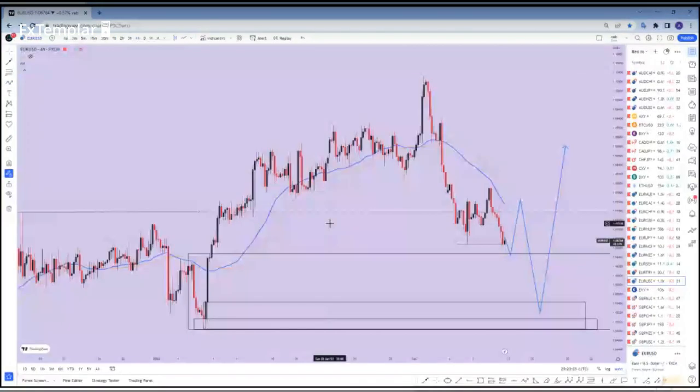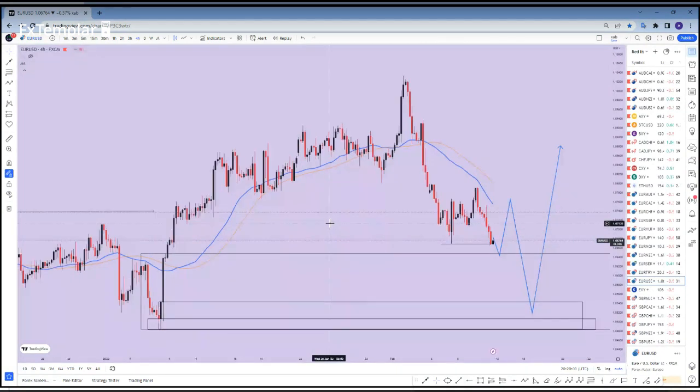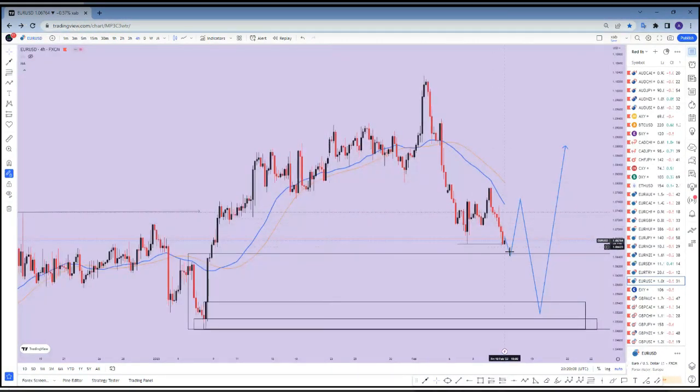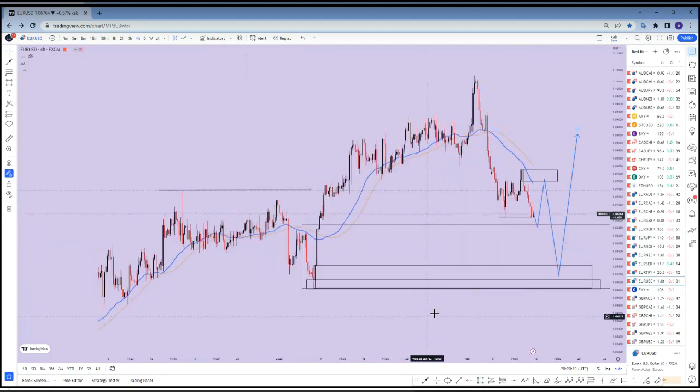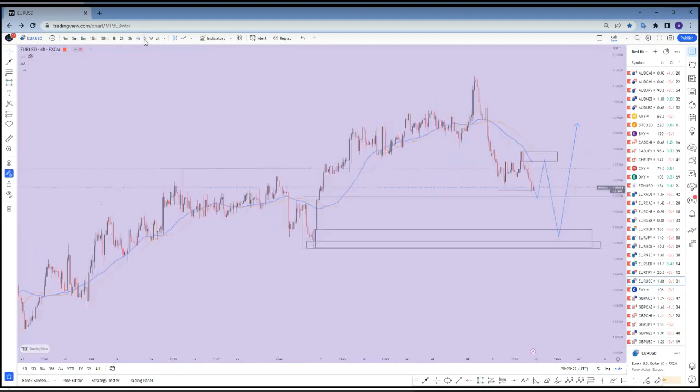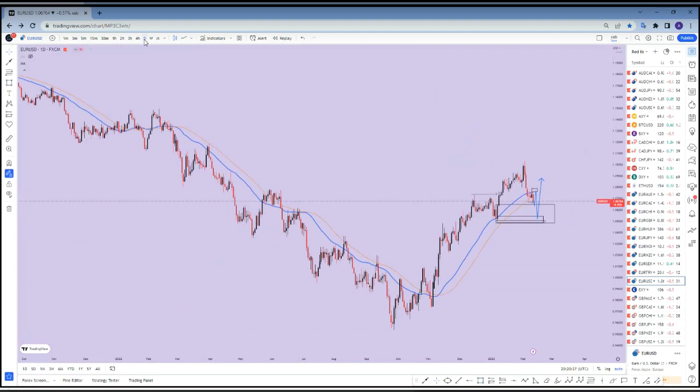So this is EURUSD for me, which defines the fact that I want to see price break below this point, come back up for a tap into this supply zone, then drop even lower to pick up a better entry for the buy, which, as far as I'm concerned, is the most logical reaction based on what the market is showing me right now.